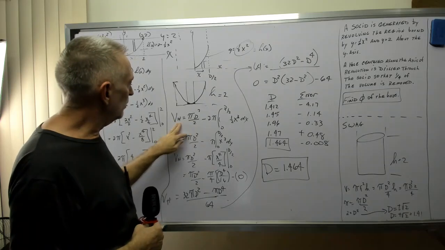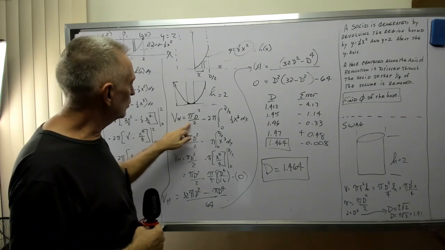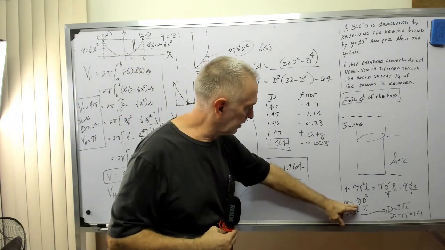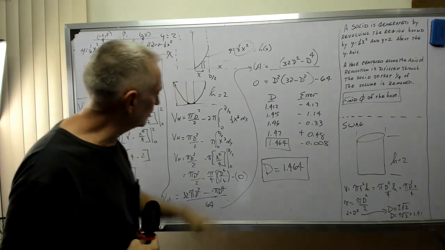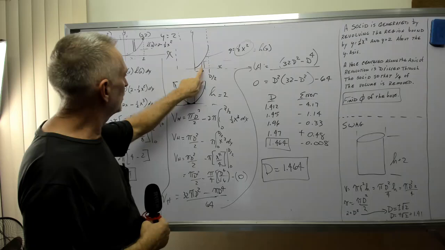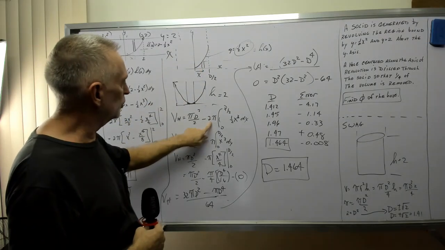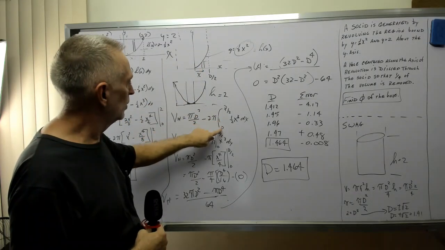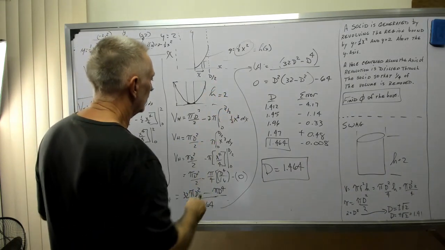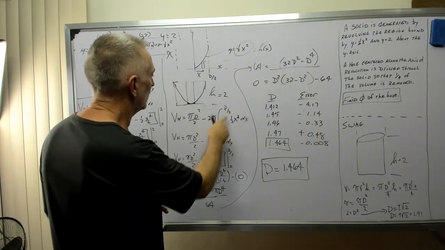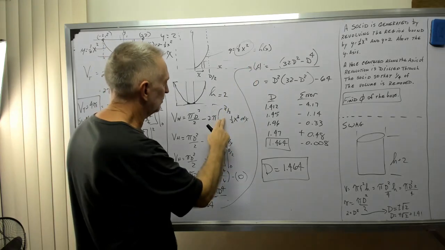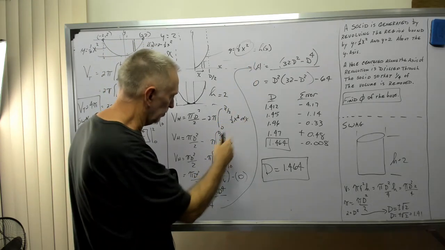So the volume of the hole is pi d squared over 2, which is the cylinder total that we calculated down here, minus this integral for the volume that we're going to understand here: 2 pi times the integral from 0 to d over 2 of 1/2 x squared times x, which is 1/2 x cubed.